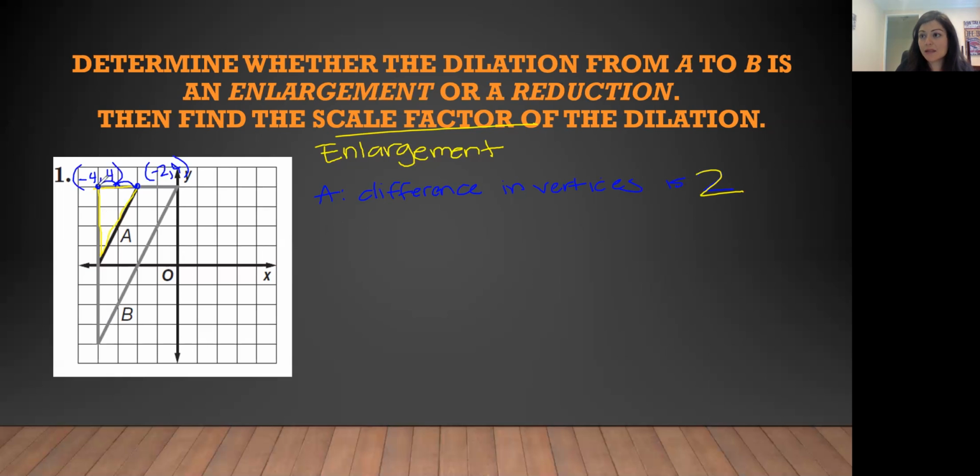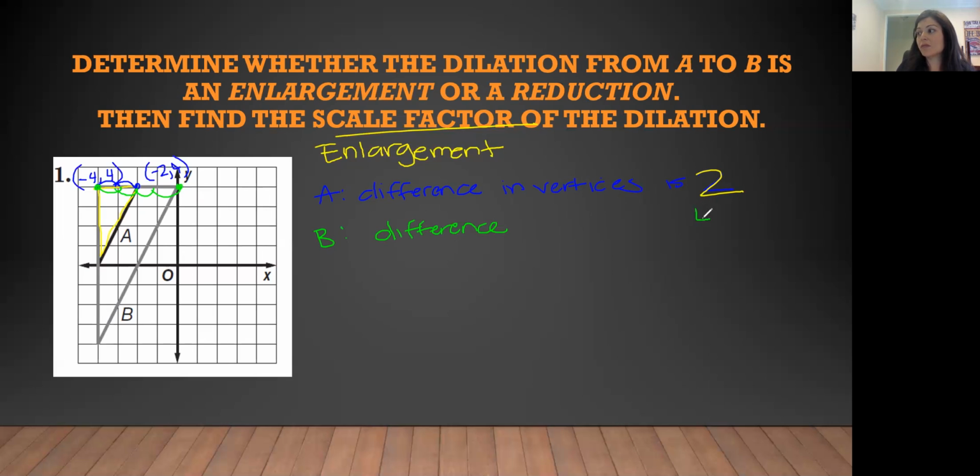Now if we look at B, we're looking at the corresponding vertices. For this triangle right here, the corresponding vertex for triangle B is right here, and the other vertex is over here. We look at this and it's a difference of 1, 2, 3, 4 spaces. So the difference is 4.